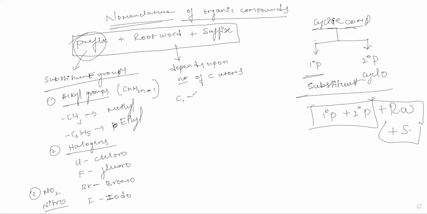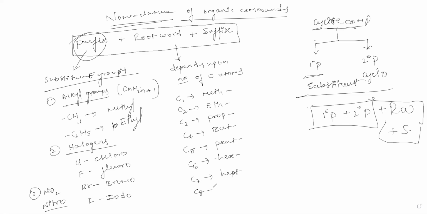If the compound contains one carbon atom, the root word is meth. 2 carbon atoms, eth; 3 carbon atoms, prop; 4 carbon atoms, but; 5 carbon atoms, pent; 6 carbon atoms, hex; 7 carbon atoms, hept; 8 carbon atoms, oct; 9 carbon atoms, non; 10 carbon atoms, dec. You have to remember these numbers.